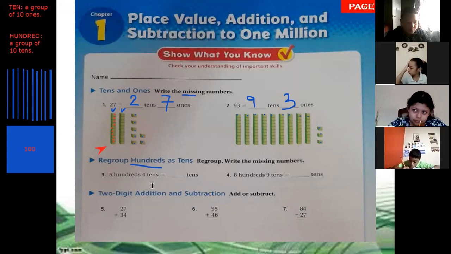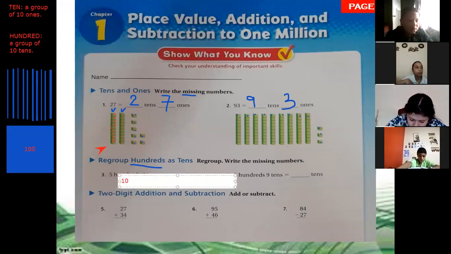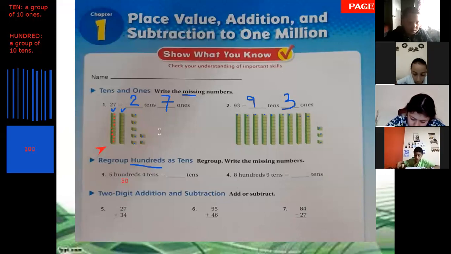How many tens are in 500? 50 tens, okay, yes. Because in 100, there are 10. In 200, 20. In 300, 30. In 500, 50 tens. Excellent.